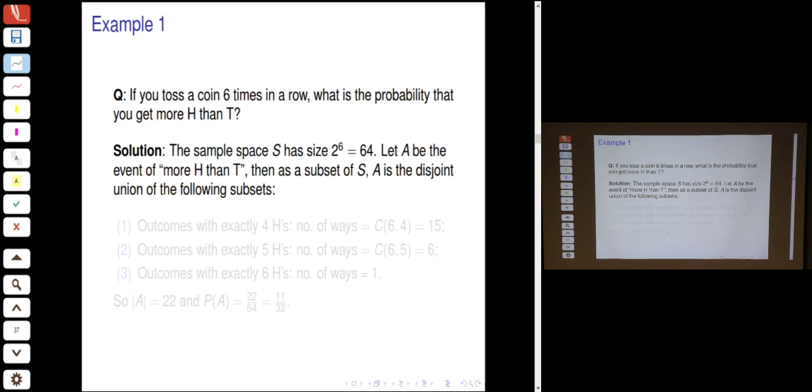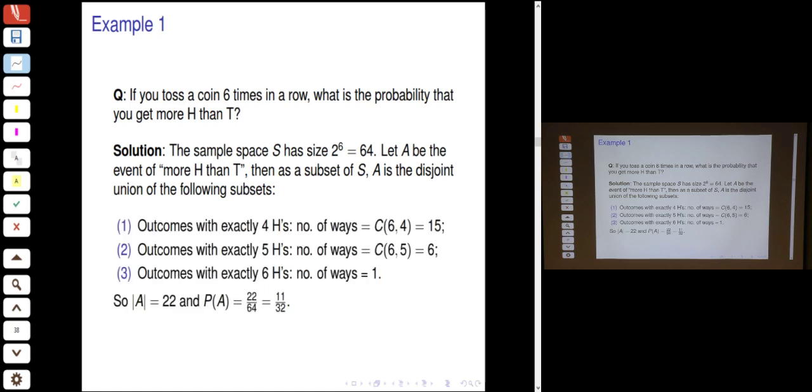Now, let A be the event of more heads than tails. So this is a subset of S. Okay, so we want to count how many elements are in A. So we split A into a disjoint union of the following subsets. More heads than tails means one of the possible cases.